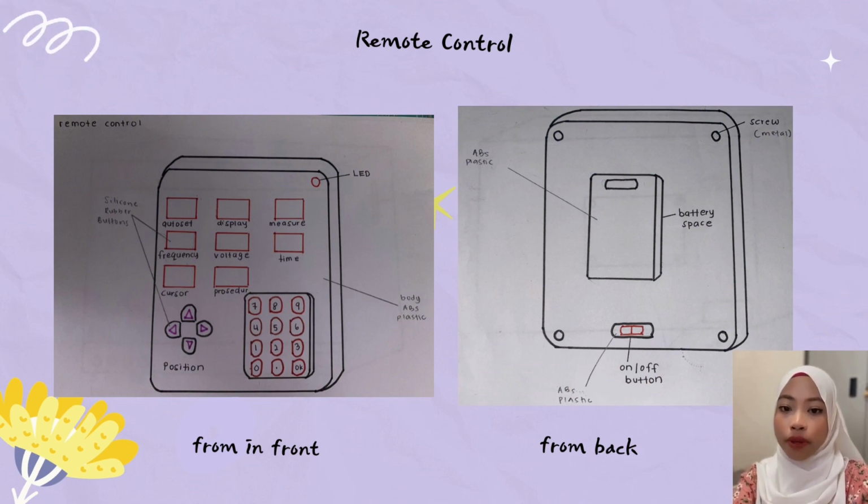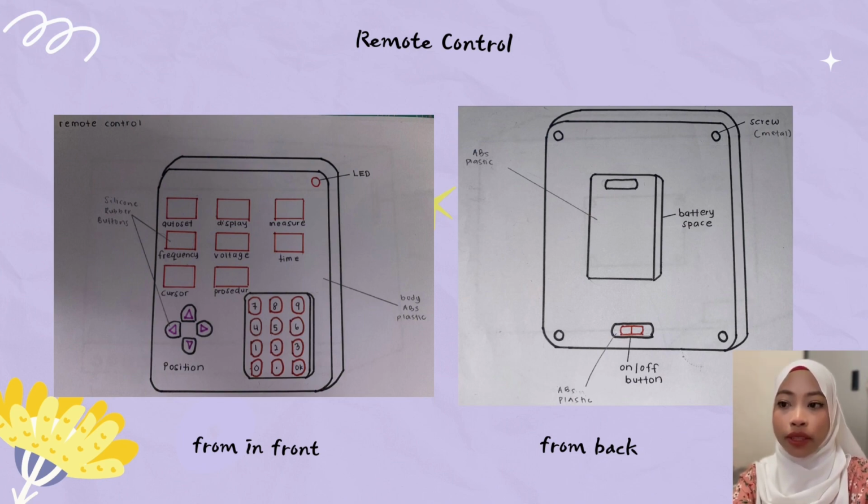Next, I want to explain the compartments of the remote. First of all, we have auto set. Auto set is the function to reset all the waveforms on the display to make a new waveform. The display button shows waveforms, for example sine wave, triangle wave and square wave. Measure displays the automatic measurement menu.